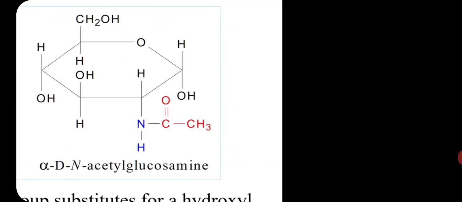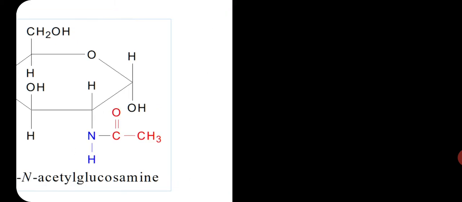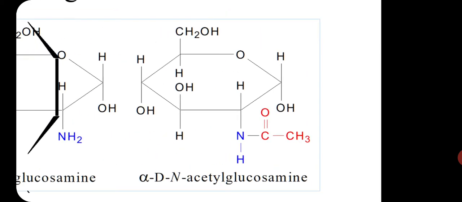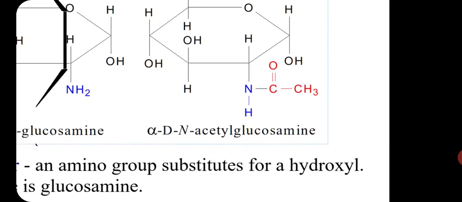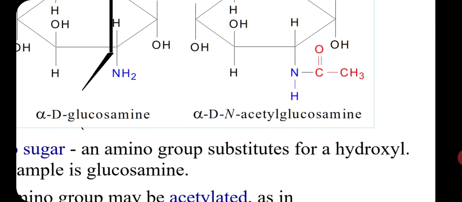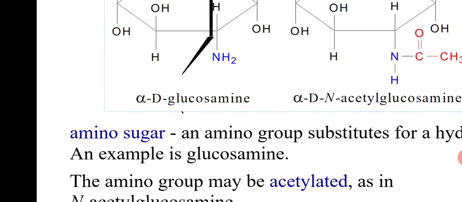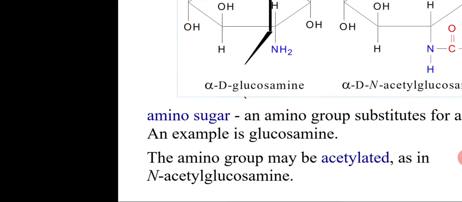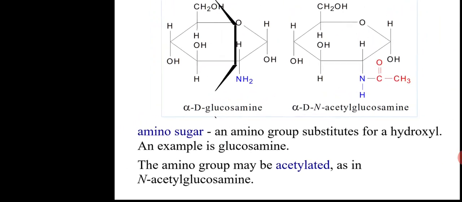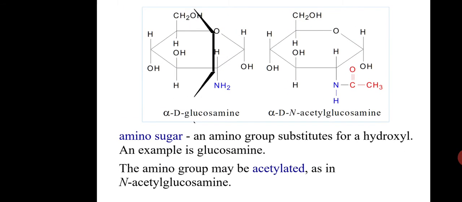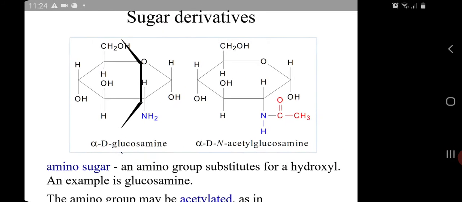In this, when you compare NH2, remove one H from here. That H is replaced by the COCH3, which we call N-acetyl glucosamine. So glucosamine and N-acetyl glucosamine are amino sugars. One is an amino sugar and one is an acetylated amino sugar, right? This is called glucosamine and N-acetyl glucosamine.